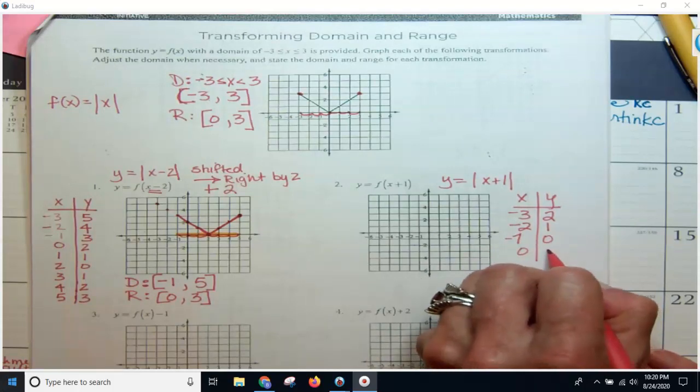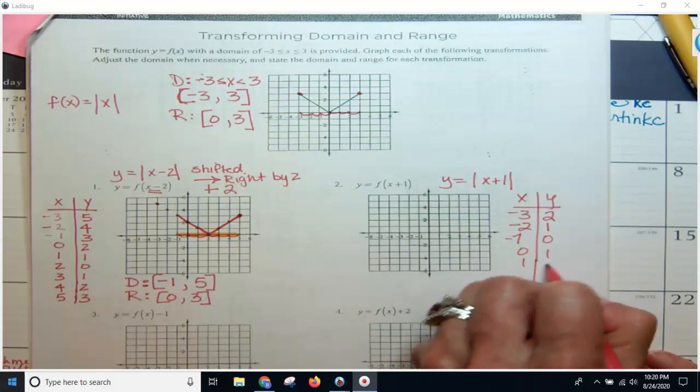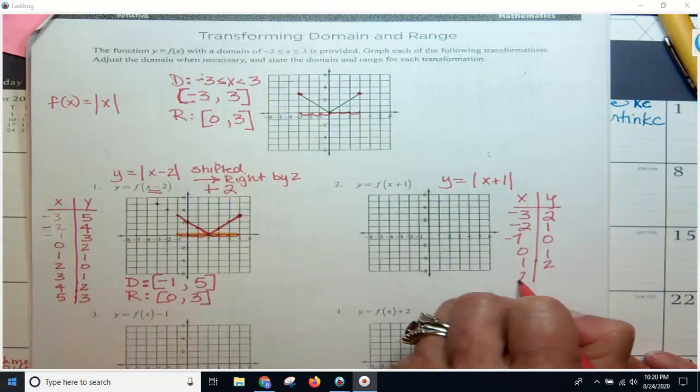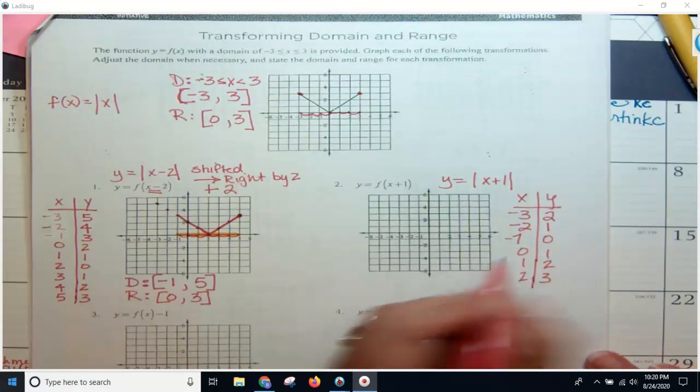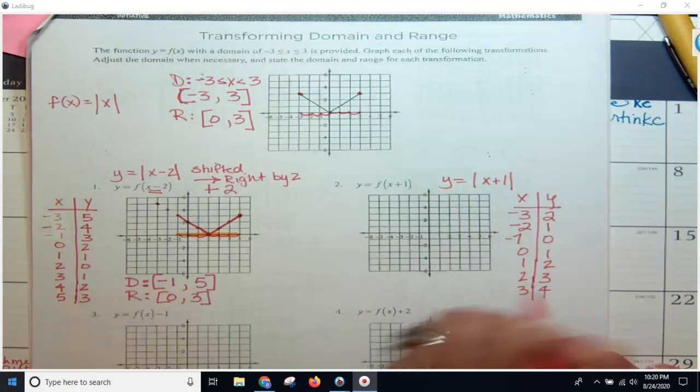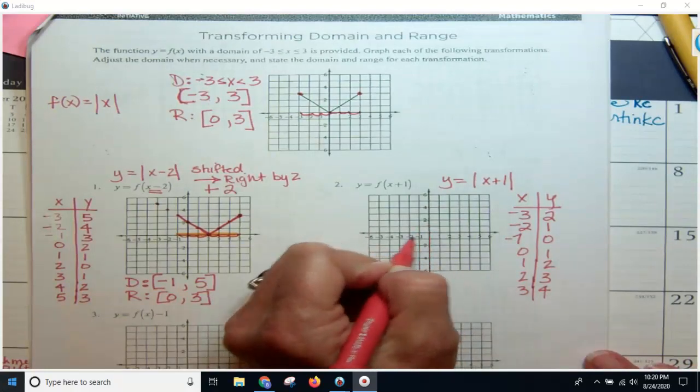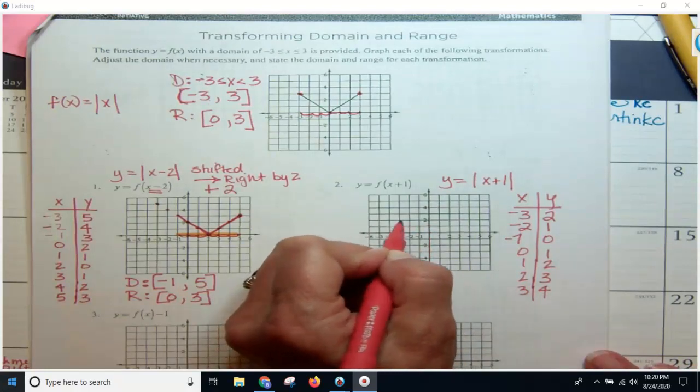Then 0 would be 1. +1 would give me 2. 2 would give me 3. And 3 would give me 4. So let's see what that looks like in this graph. So -3, 2.